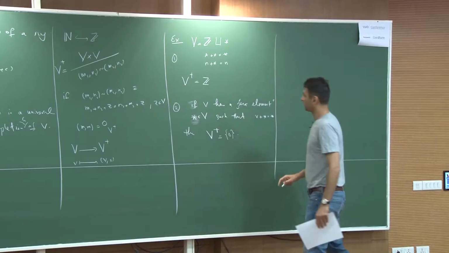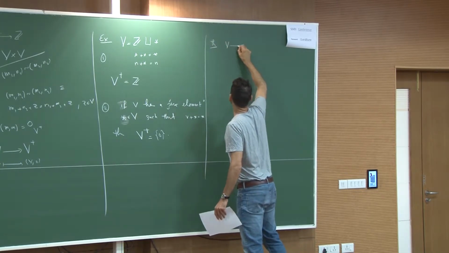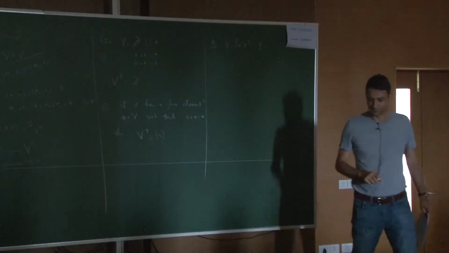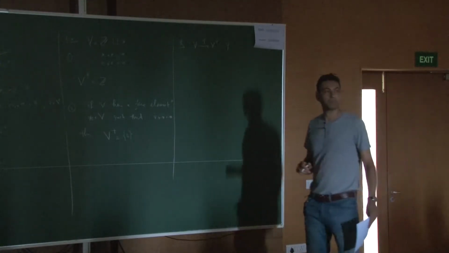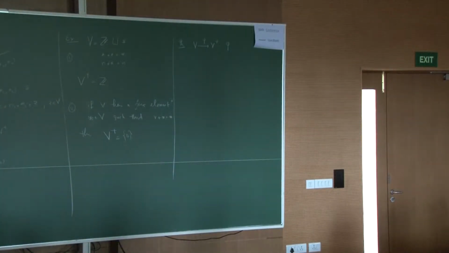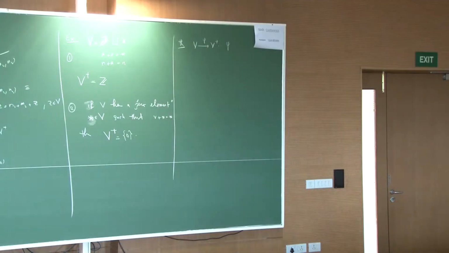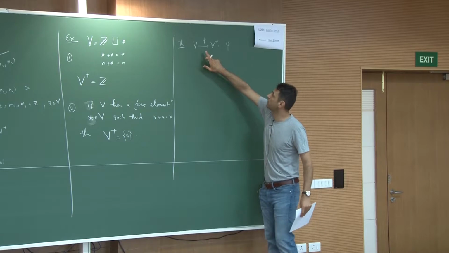And then the last thing is, right, look, example 3, or maybe even a theorem. So you have V sitting in V plus. So now, there is a homomorphism from V to V plus.